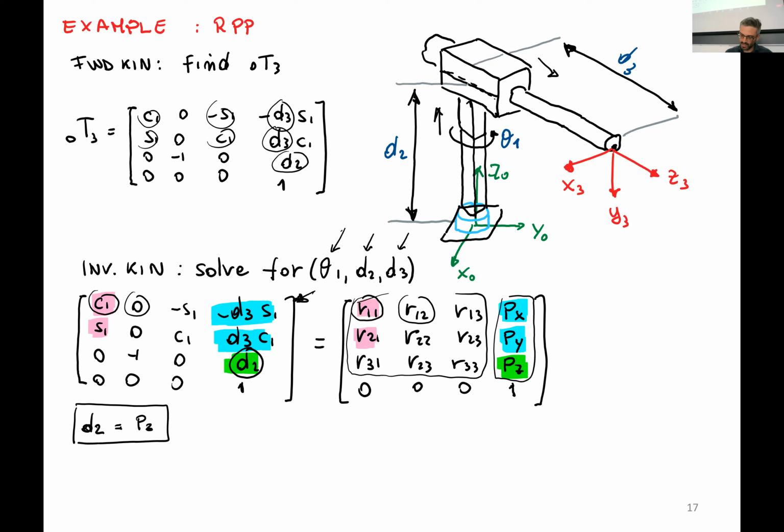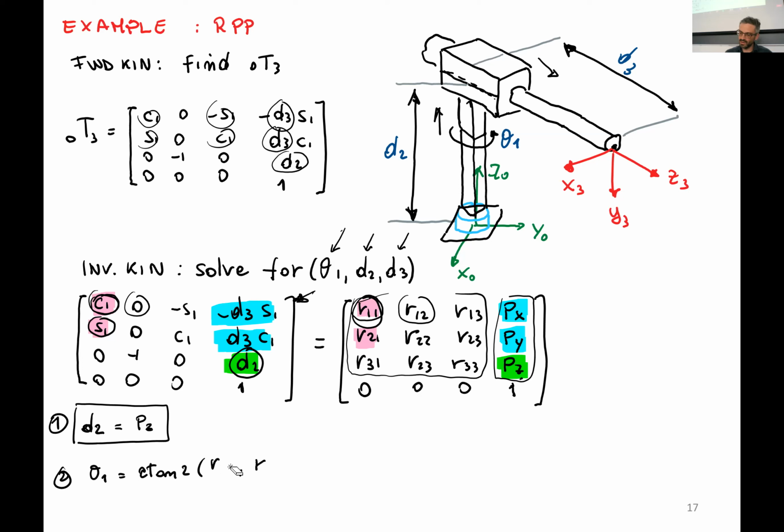And we already found the value of d2, just by looking at this. Then, in the case of theta 1, we can see that we have a cosine and sine here. So we can do the atan2 of what? Of our data entries of the rotation matrix R11.